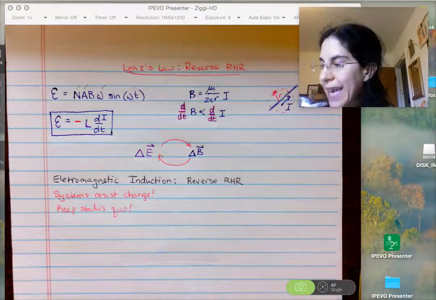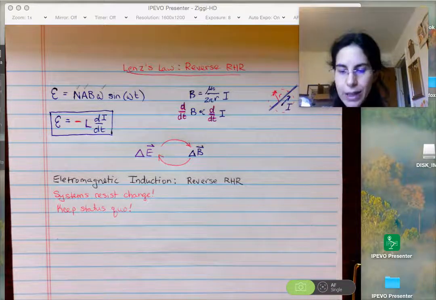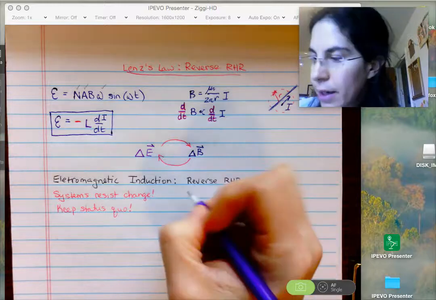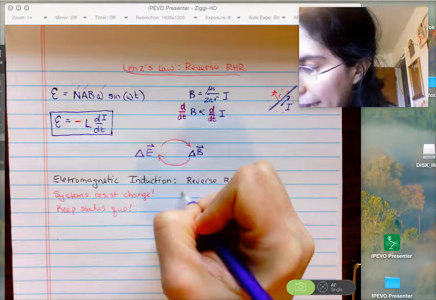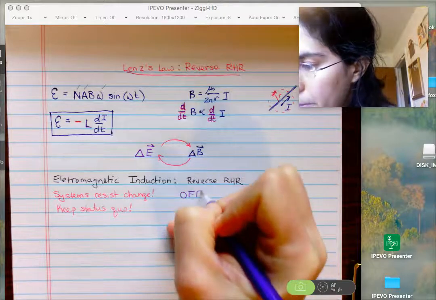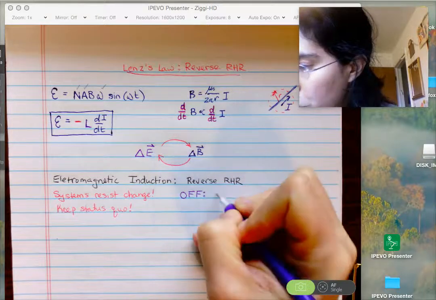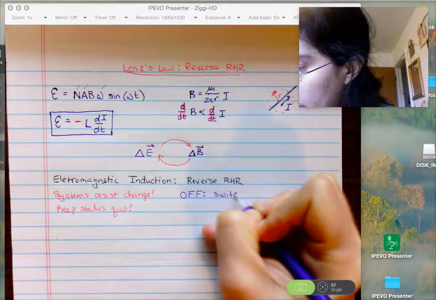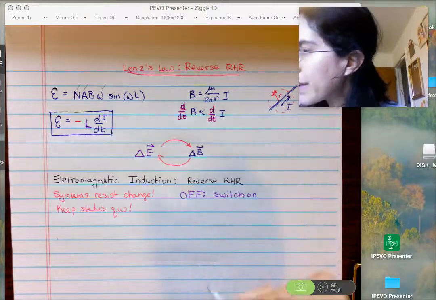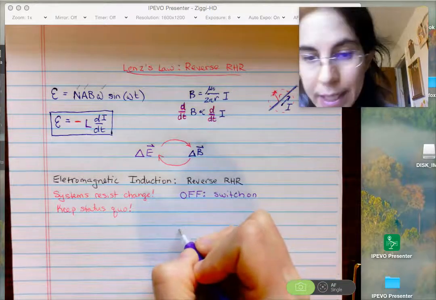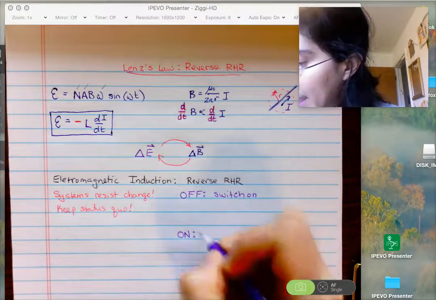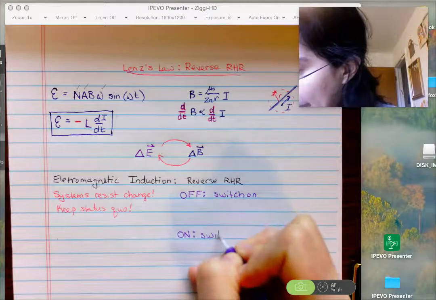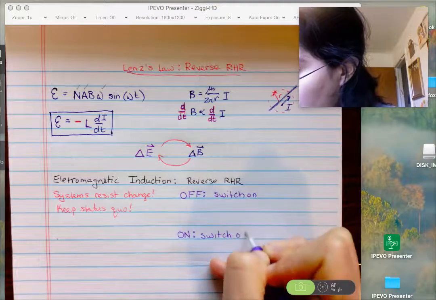That's why there are two totally separate cases for every circuit, for every change. The case of the circuit that is off, where the change is switching on, and a completely different case where the system is on and has been on for a significant amount of time, and you want to switch it off.